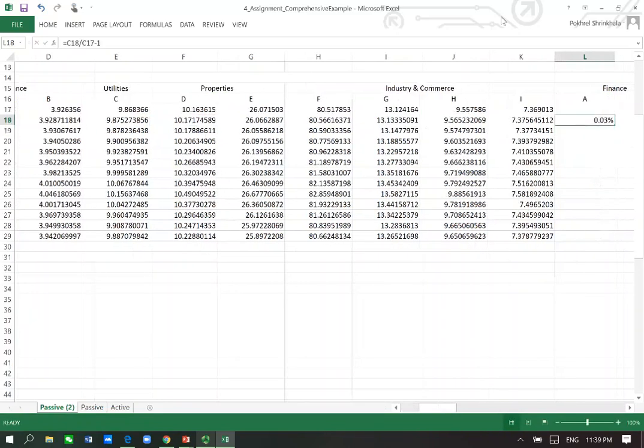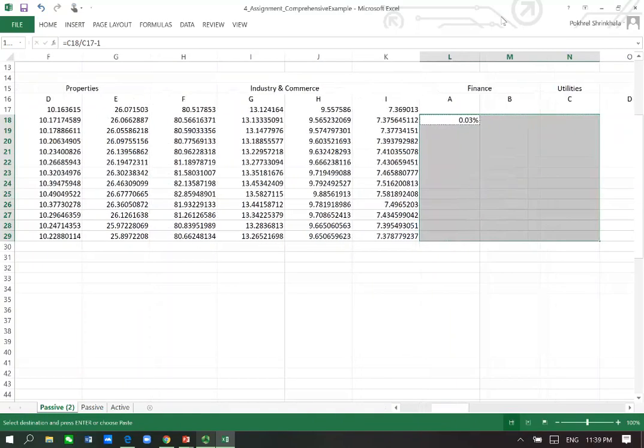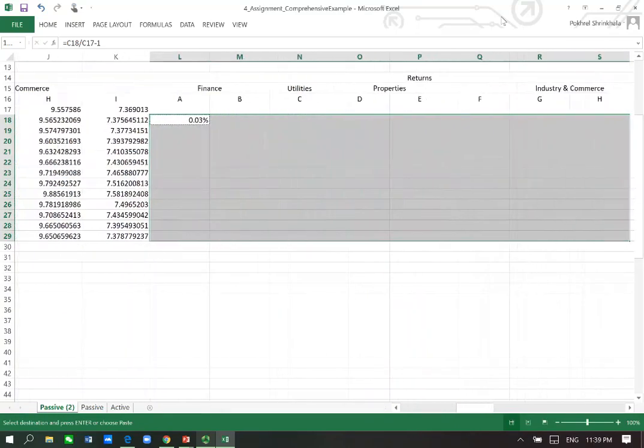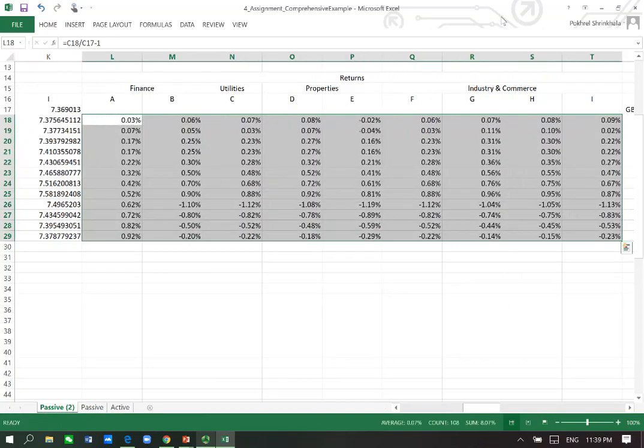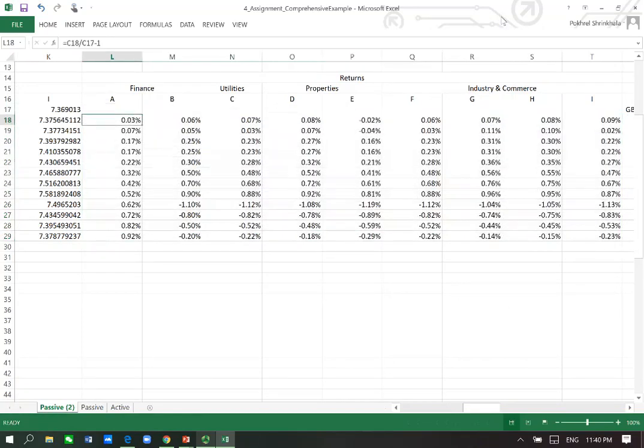That gives us 0.03%. Now I'm going to do the same for all of my 9 stocks for all the weeks A, B, C, D, E, F, G, H, I. So all 9 stocks, these are going to be the returns.